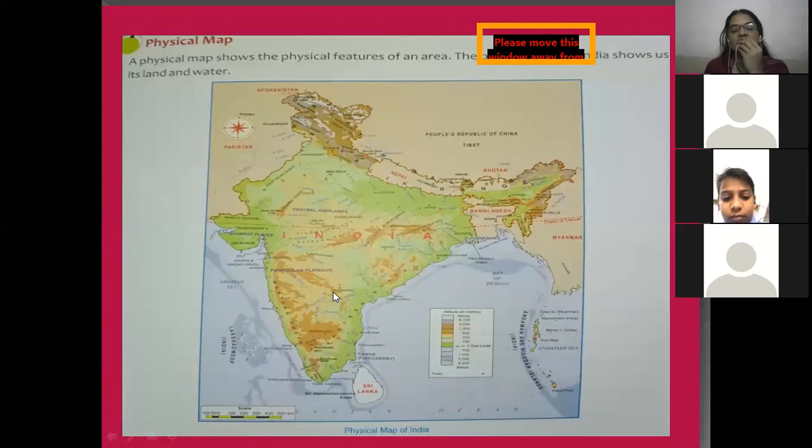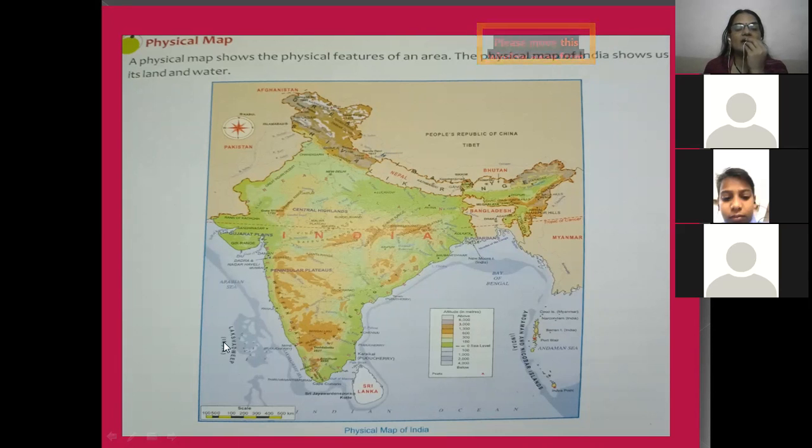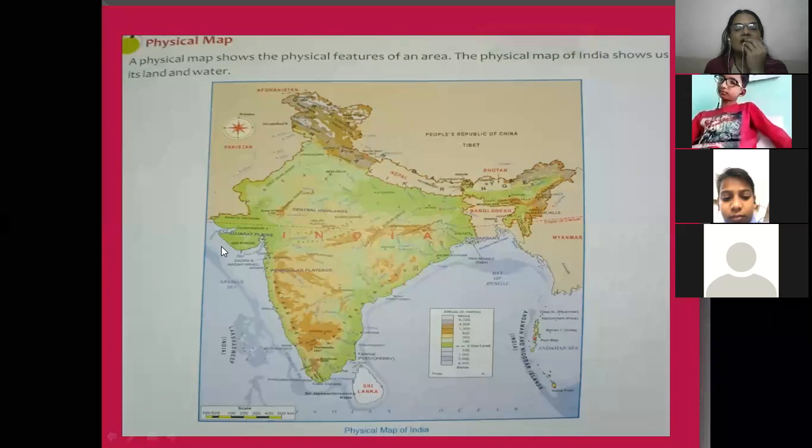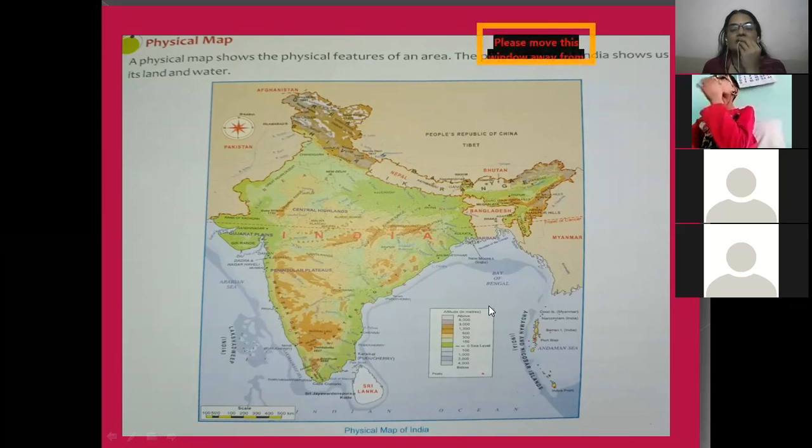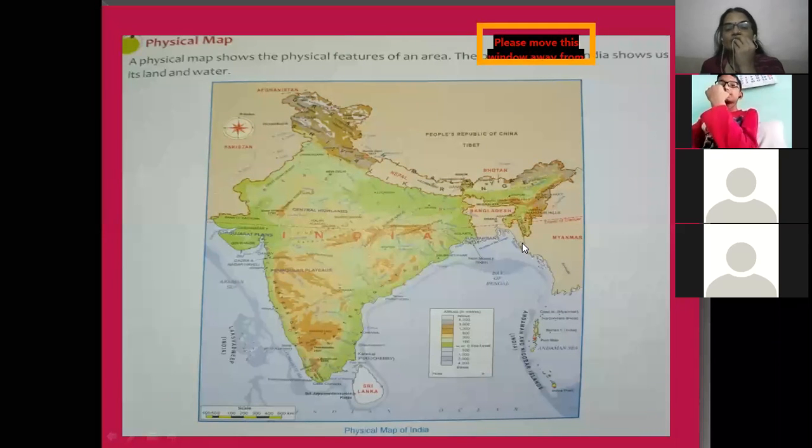Okay, what is coming in the northern direction, southern direction, east, west direction. Which seas are there? See, in the west we have the Arabian Sea, students. Can you see this is the Arabian Sea? And in the Arabian Sea we have the Lakshadweep Islands. Now on this side we have the Bay of Bengal. Here, students, you can see the Bay of Bengal.